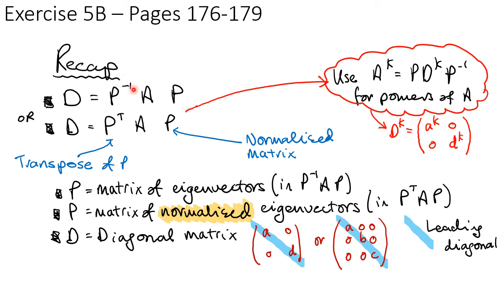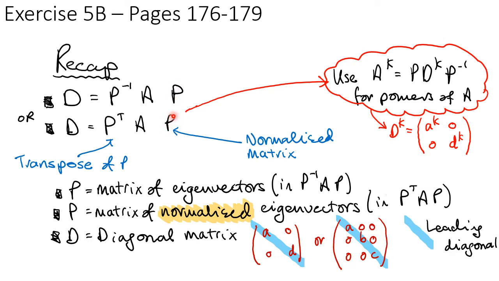Or if the inverse is difficult to work out, or we've been asked to use this form, then we can use the transpose of P. Remember, that's where you reverse the rows and columns, and P here will be the normalized eigenvectors. So here it's just the eigenvector matrix.